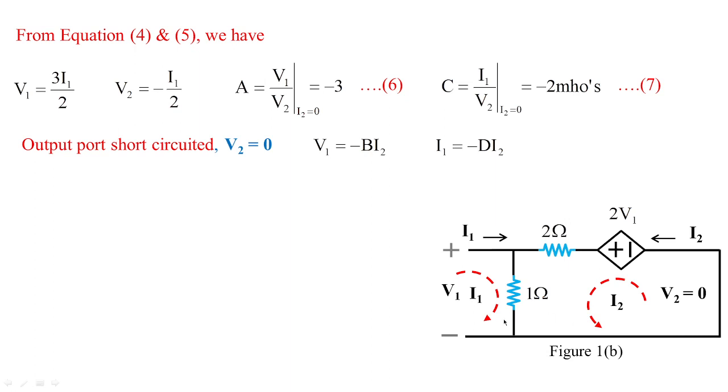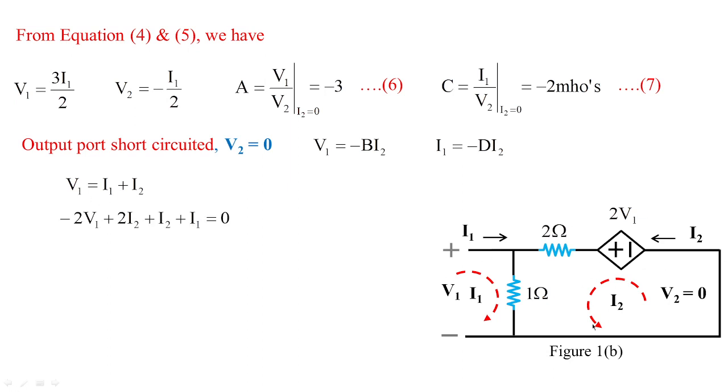With this, when I employ KVL to loop 1 and KVL to loop 2, what equations do I get? From loop 1, minus V1 plus 1 multiplied with I1 plus I2 equal to 0. So V1 will be equivalent to I1 plus I2.